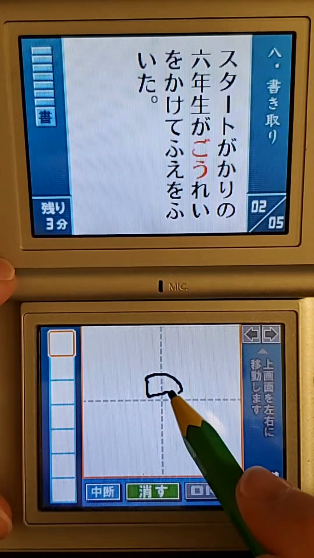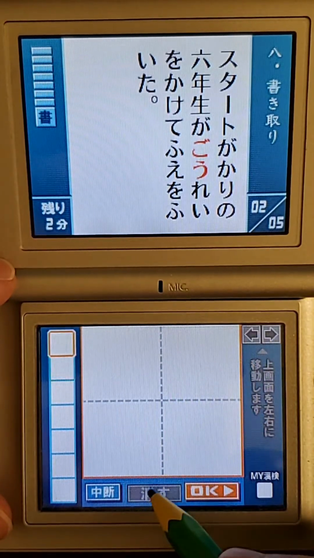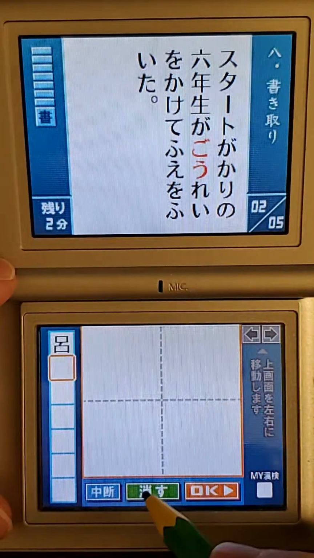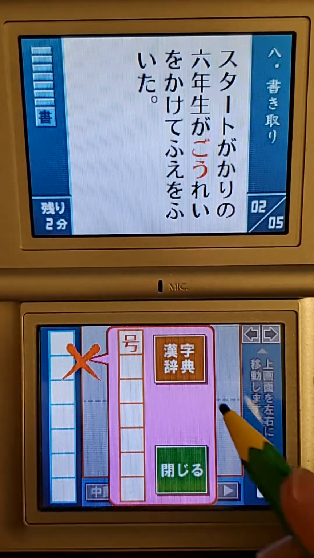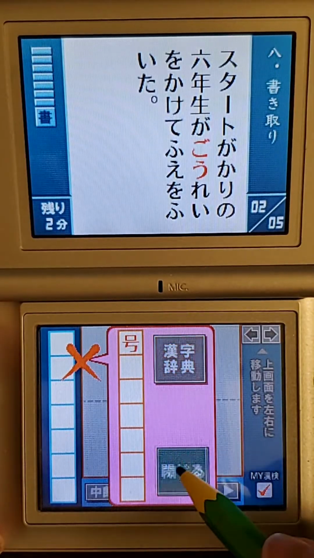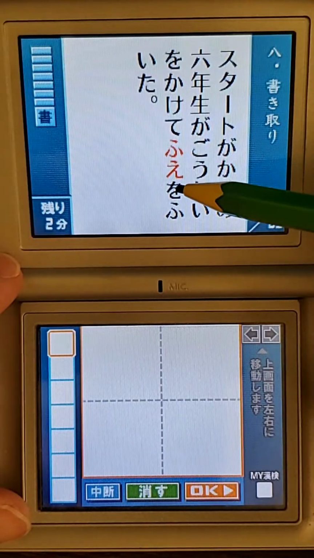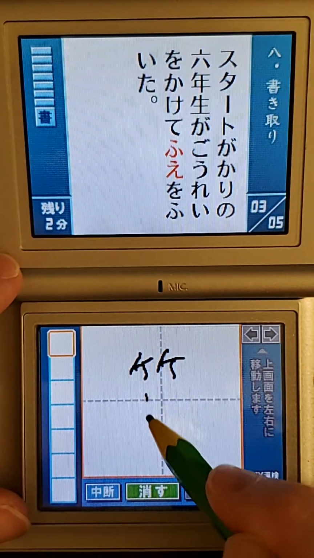That's not what I'm going for. What is it? Oh my gosh, that's what it was. Okay, I was just doing it a little wrong. Okay, put it in my Kanken. 号令をかけて笛を吹いた. Fue, so we do take kamuri, and then this.